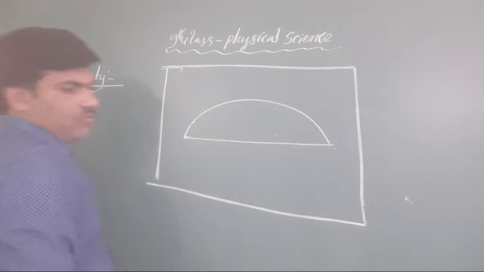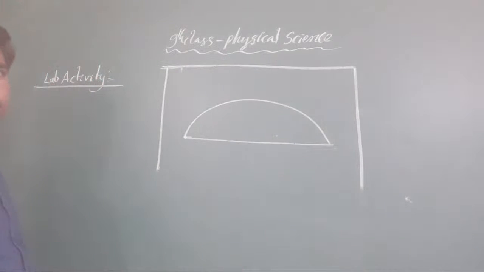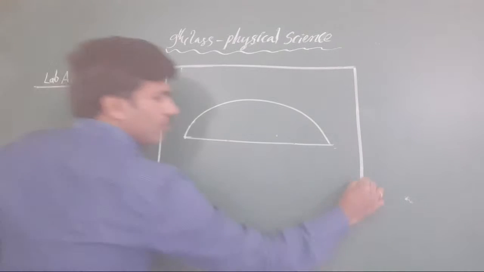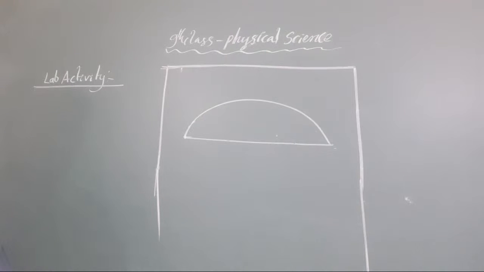Okay, clear or not, all the students? You take a paper like this. If it is possible, you do it in your home, but all these things are compulsorily required.